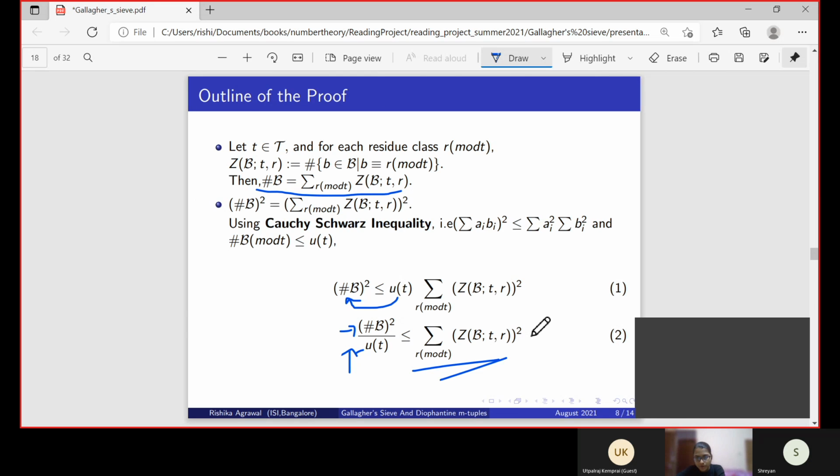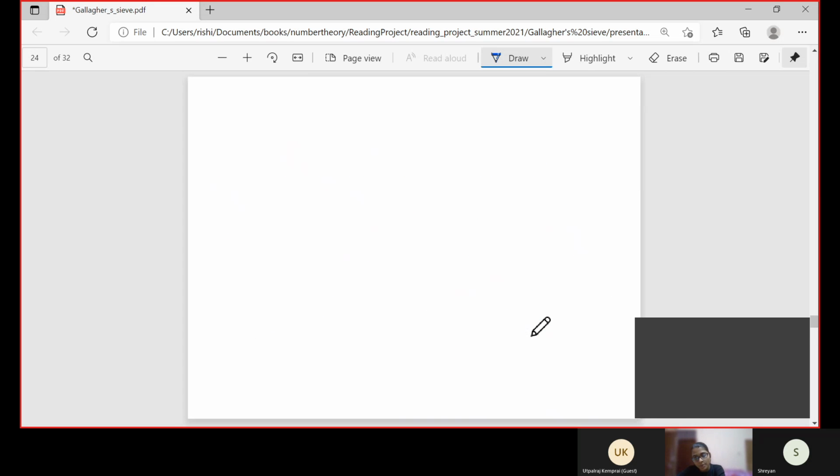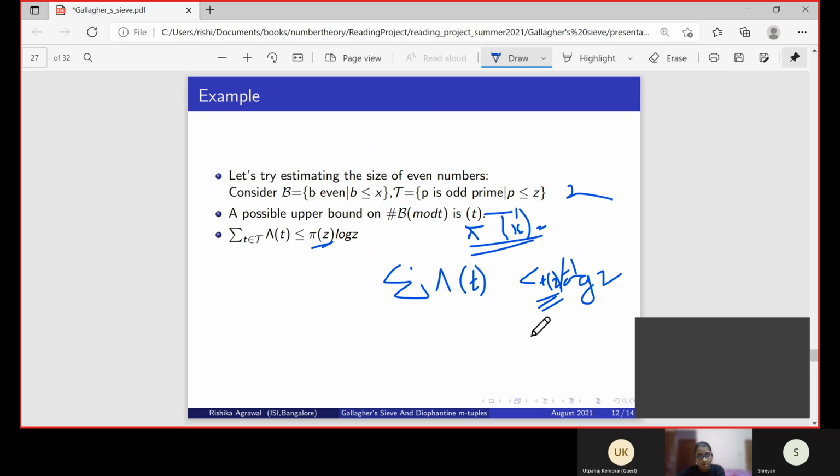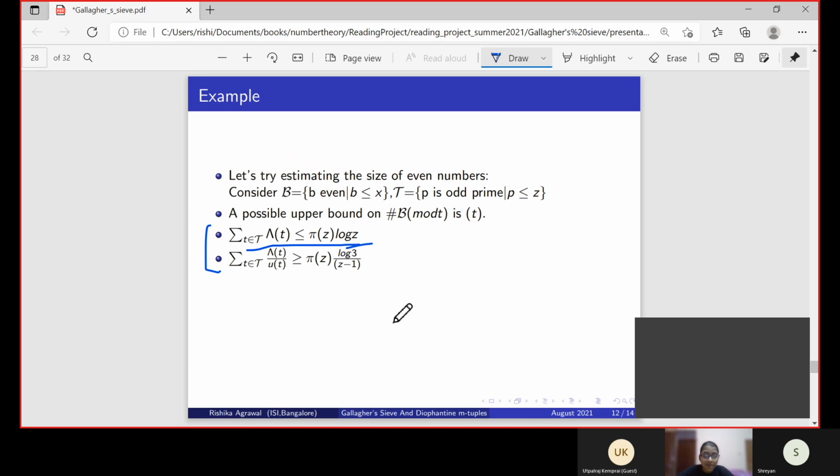And for a lower bound in the denominator, we clearly have lambda of t has to be greater than or equal to log 3 whenever t is a prime power.